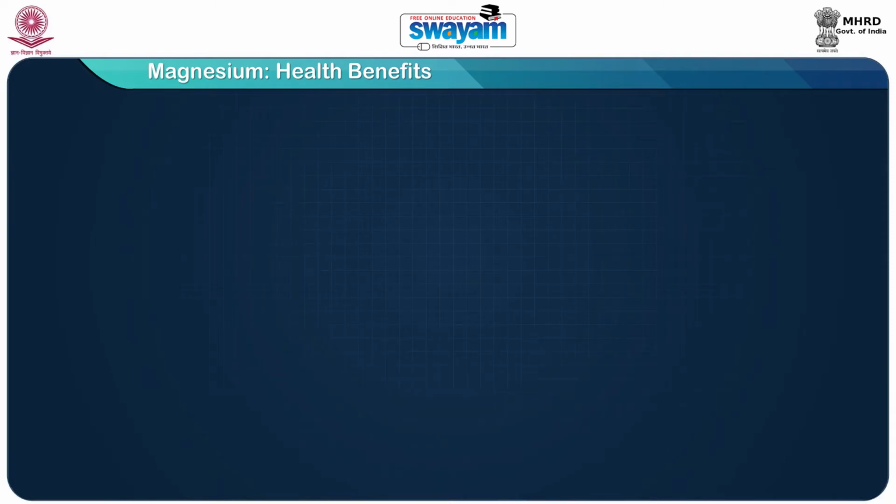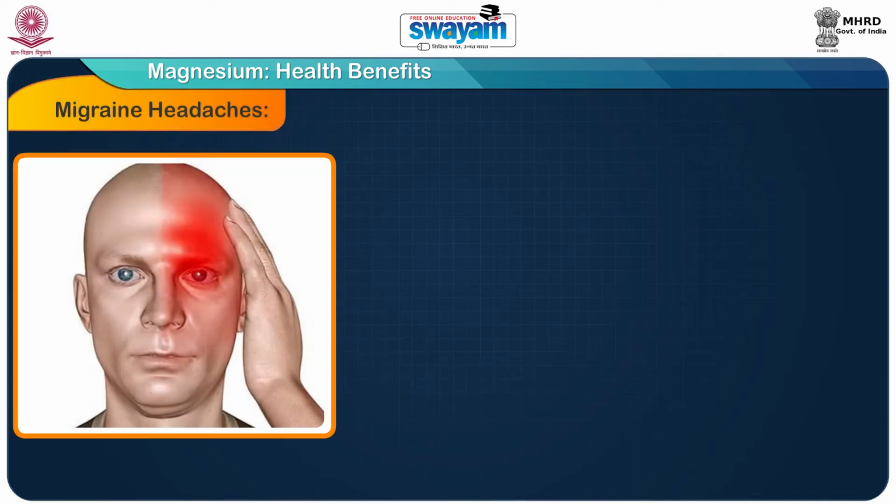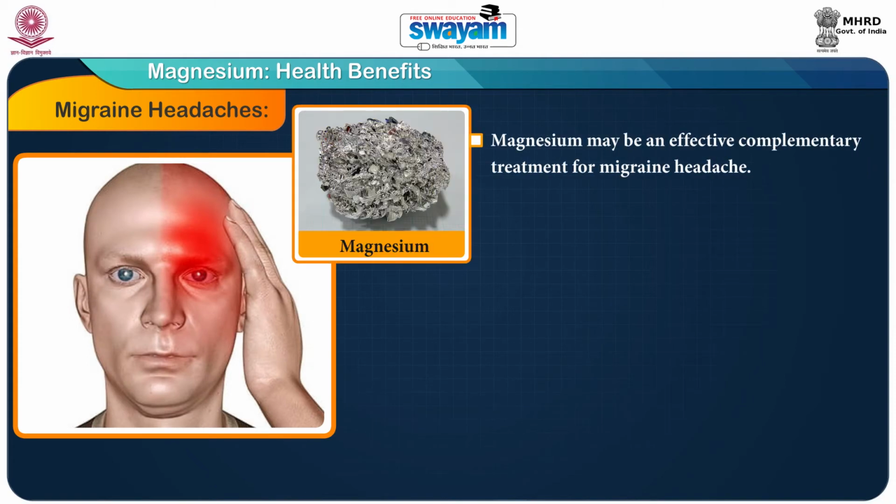Now, in addition to this, magnesium shows several health benefits and let us see what these are. Magnesium as related to migraine headaches. Now, magnesium may be an effective complementary treatment for migraine headache. Migraine headaches are likely to have a genetic basis.